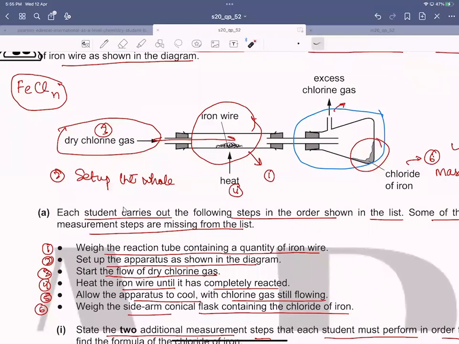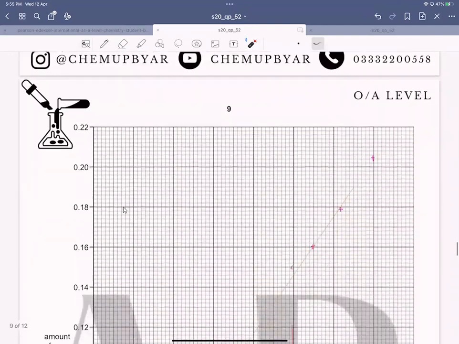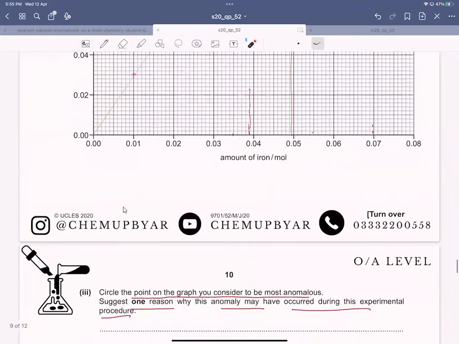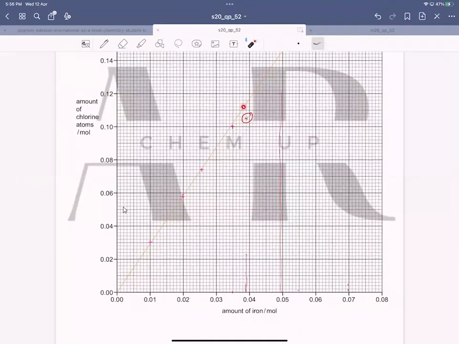Is this understandable? Yes. See, on the graph, what we are observing is that this point must be over here, and instead it is over here. There is no change in the mass of the iron, but if it were over here, then there must be more mass of iron chloride, right? So it means there is an error in measuring the mass of iron chloride.